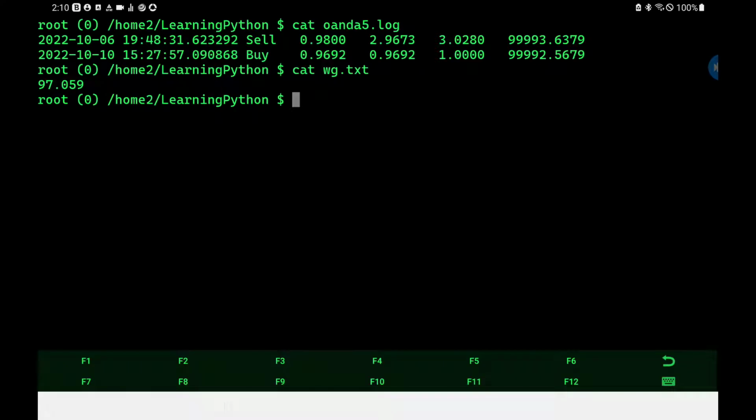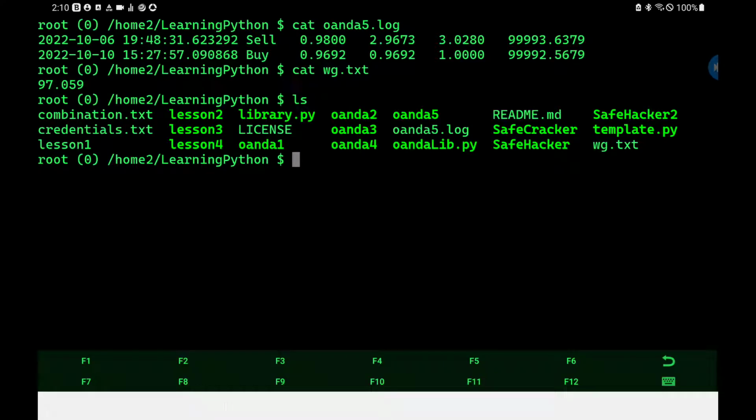So let's actually list our Learning Python directory. And if you remember from the last lesson, the Oanda API functions were simply in the main program itself. Well, in this lesson, I've started to go into what you will commonly deal with when you're writing trading bots: libraries.